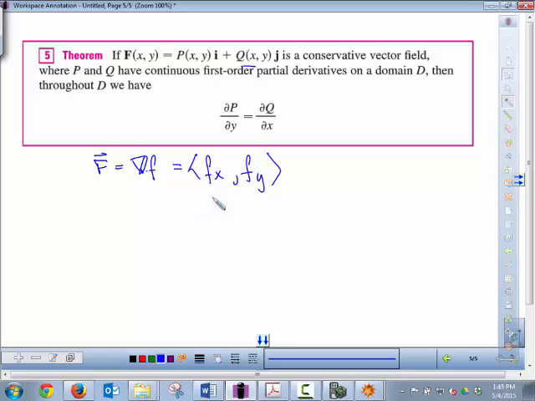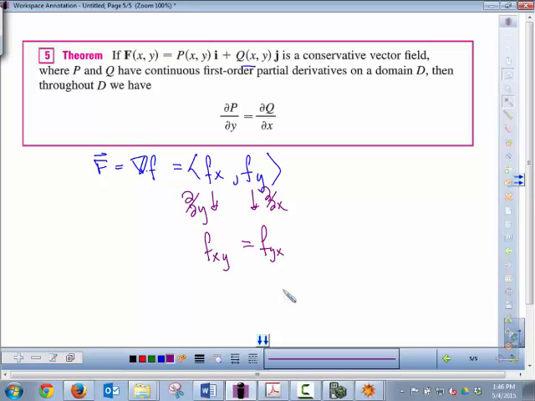So if this is a nice function, we could take the derivative of this with respect to y and then the derivative of this with respect to x to get those mixed partials, and they're supposed to be equal to each other. So the derivative of fx with respect to y should equal the derivative of fy with respect to x.